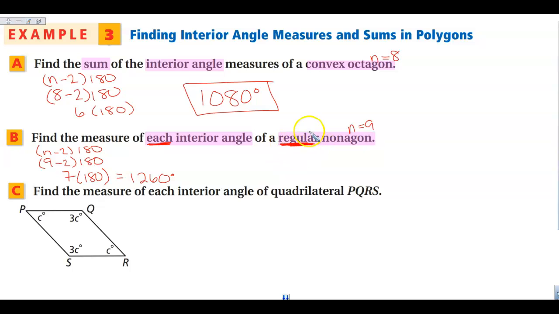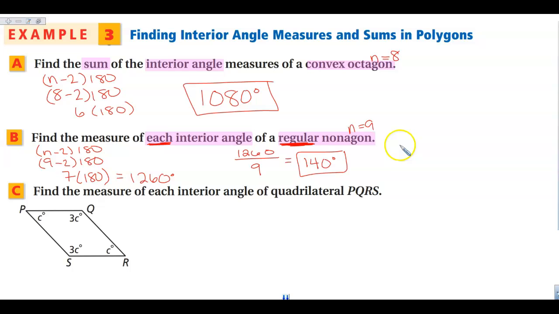If it is regular, that means every angle measure is the same. So I can take that 1,260 and divide it by the number of angles. The number of angles is going to be the same as the number of sides, and that's going to give me 140 degrees.